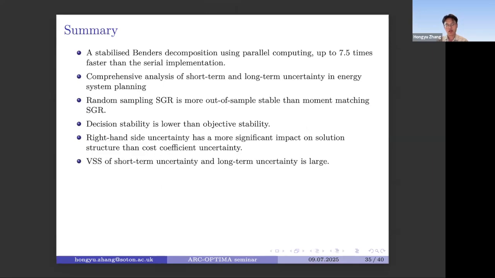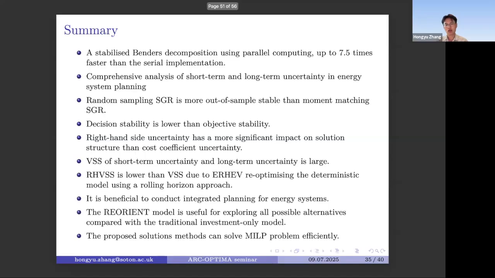The VSS of both short-term and long-term uncertainty is quite large, which suggests it's really important to consider multi-timescale uncertainty when you do your system analysis and system planning, along with some other messages I described in the results.